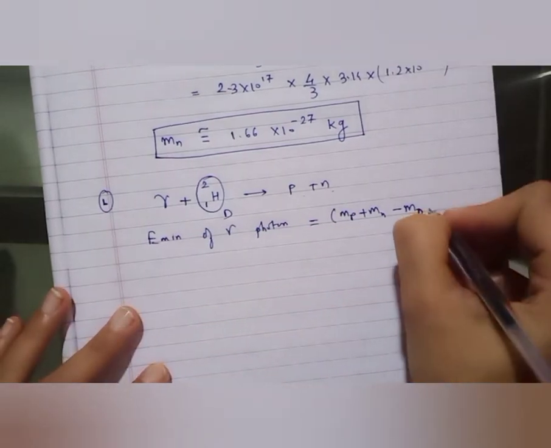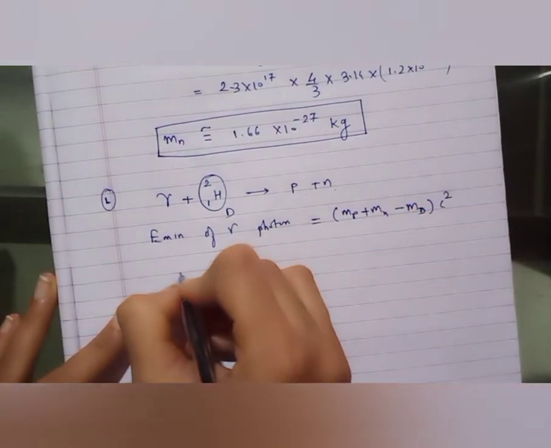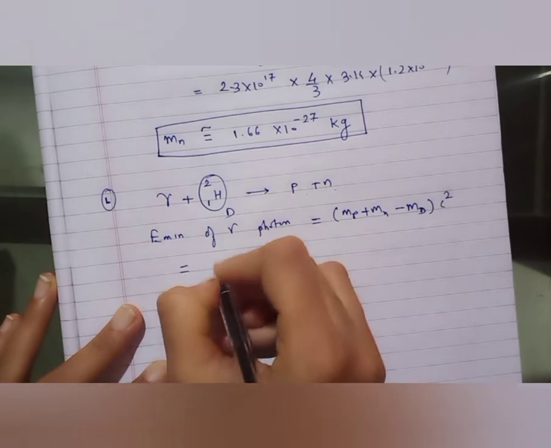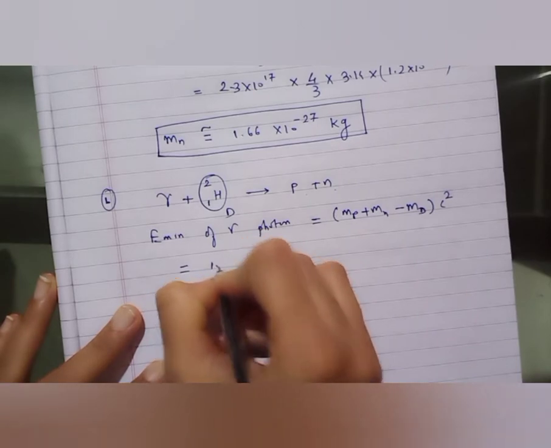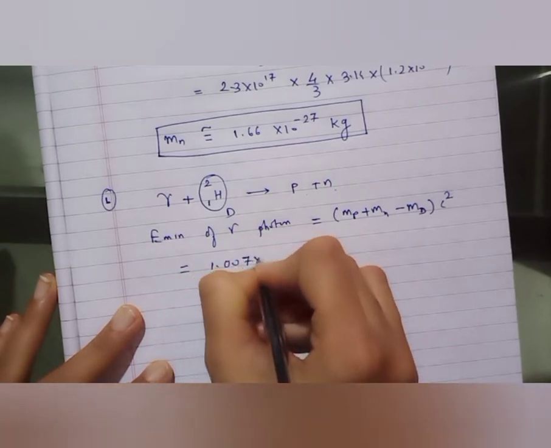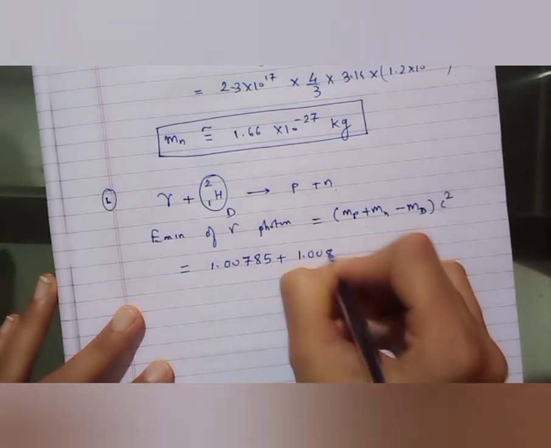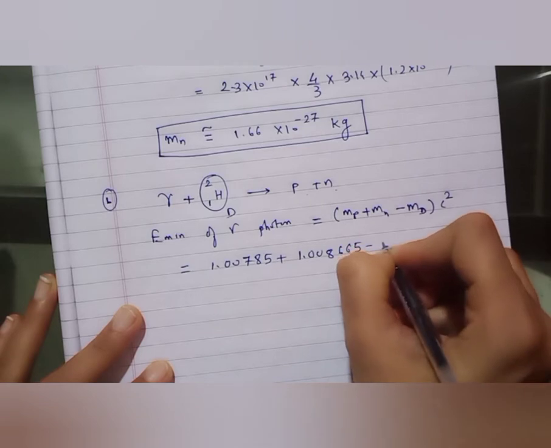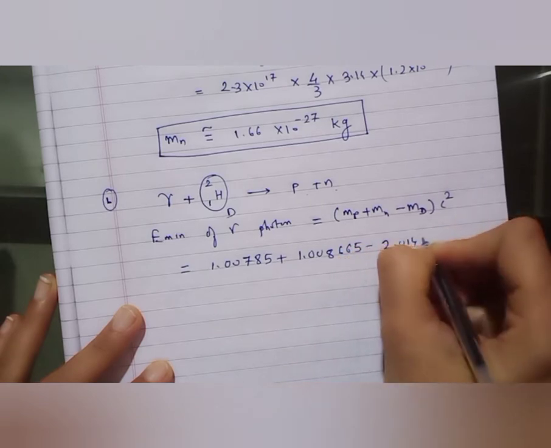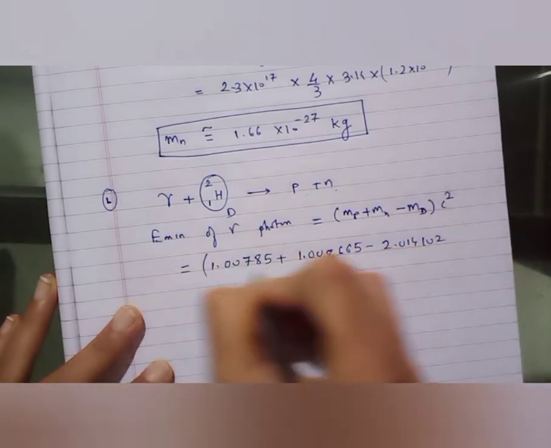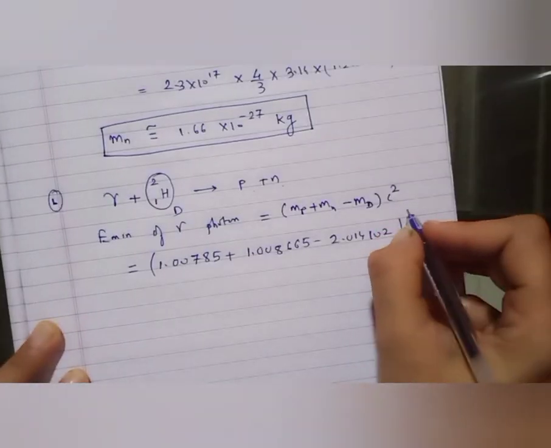Here the mass of proton is given, which is 1.00785. The mass of neutron is given, 1.008665. The mass of deuteron is given, 2.014102. And this is multiplied by c square.